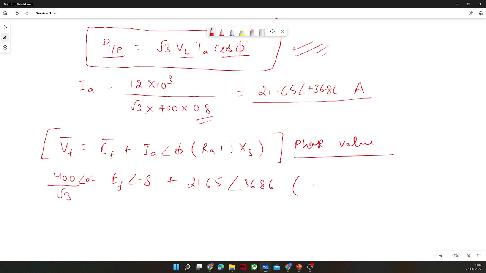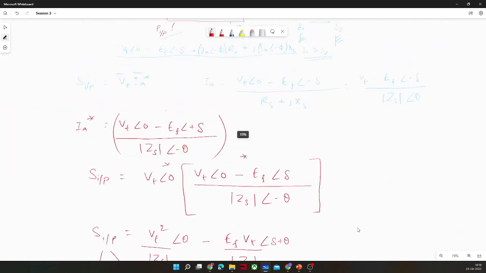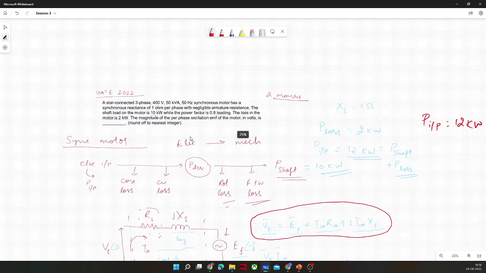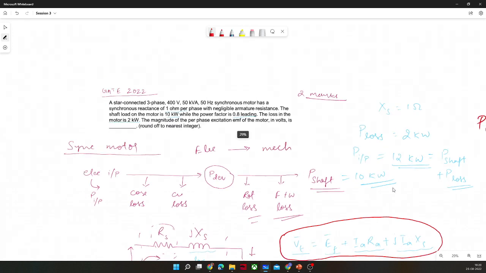RA was absent in the problem, I guess. Yes, with negligible armature resistance, it was written. If I go back to the problem, you can see it says with negligible armature resistance. So this is the general scenario. In most GATE problems, they generally ignore the armature resistance.